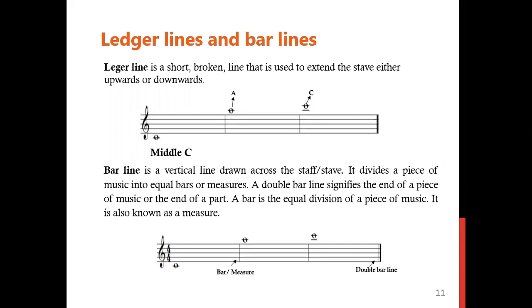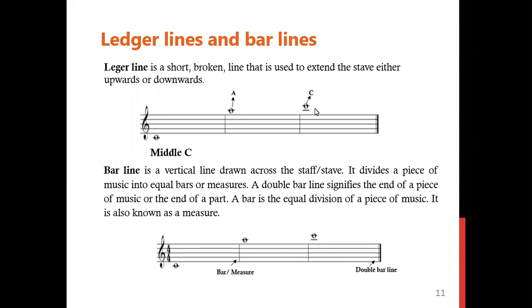G. G, very good, because it is F, G. After G, we will now name this ledger line. This short line is called the ledger line. And what's the name we're going to give it after G? A. It's not going to be H. We're going back to A. Okay, all right. Thank you.